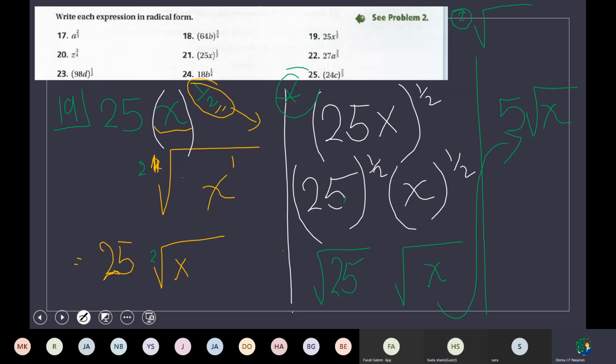Is the green one the answer? This one, 5 square root of x, is the answer for 19. And the last one here is the answer for an additional question.